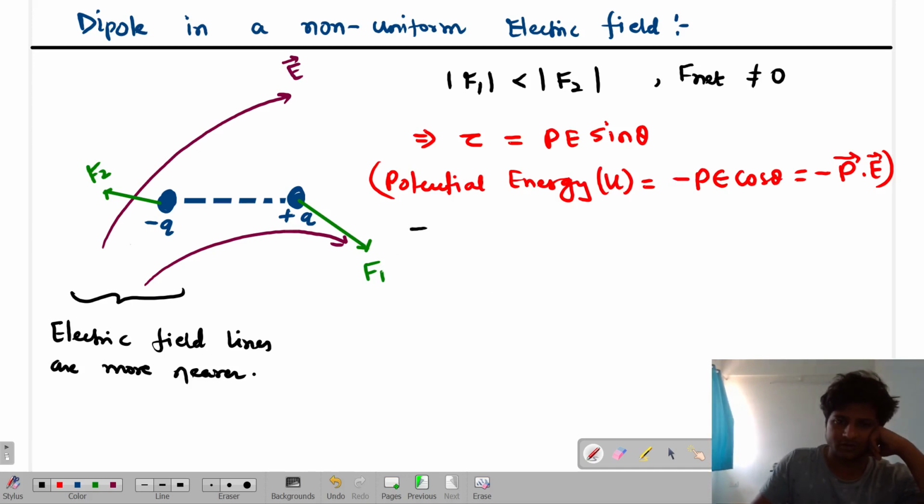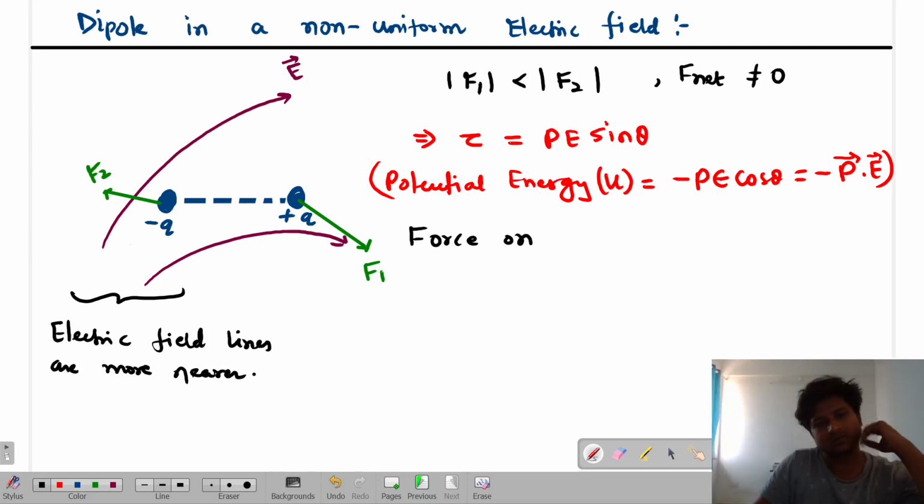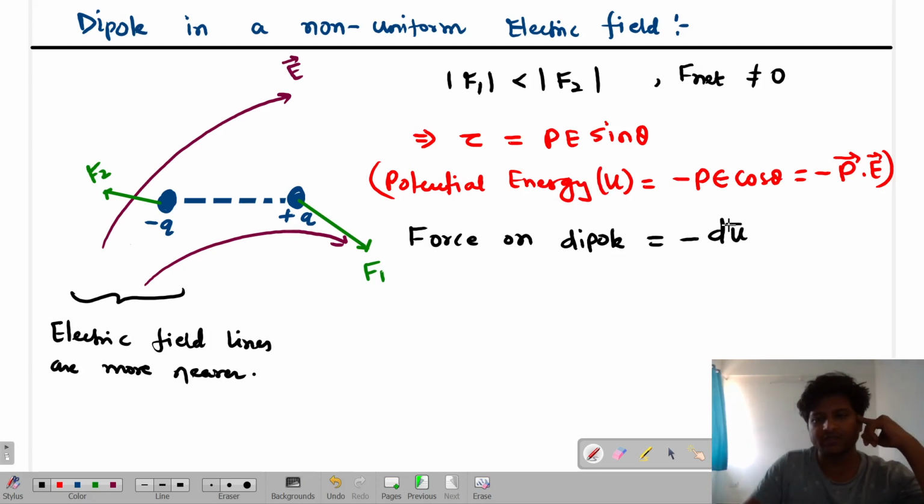So then we know that since the electric field is variable, the force on the dipole can be found out. So the dipole experiences a force which must be calculated since E is variable, and the potential energy formula I know. So I can write it directly as minus du by dr. Yes.